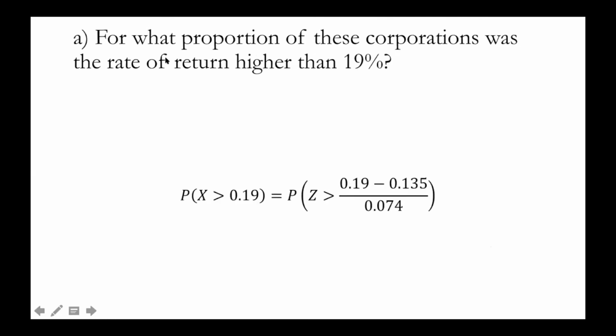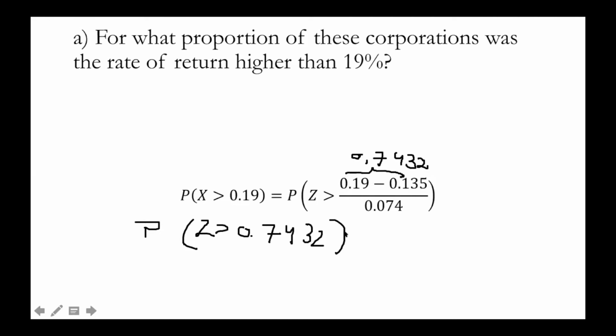Sorry, it doesn't look good, but this number will equal 0.7432, and this number is in the parentheses. So then you want the probability that the critical value will exceed 0.7432.